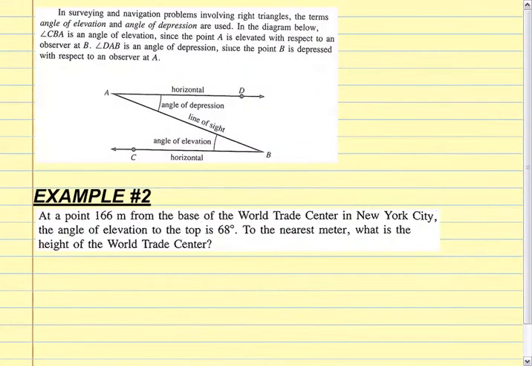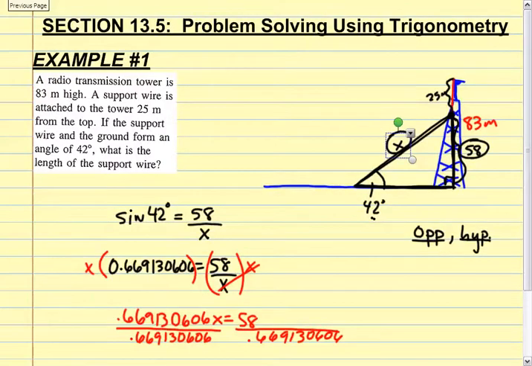I do want to read over this because you do see it: the angle of depression and the angle of elevation. In this last problem, we have the angle of elevation, because we're standing on the ground and the angle of elevation up to this point is 42 degrees.